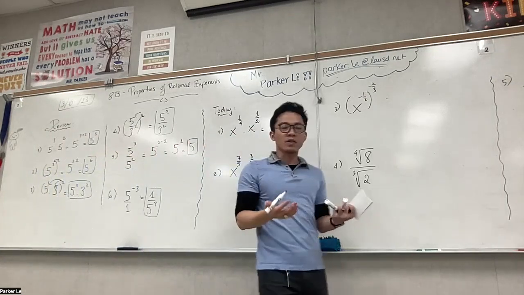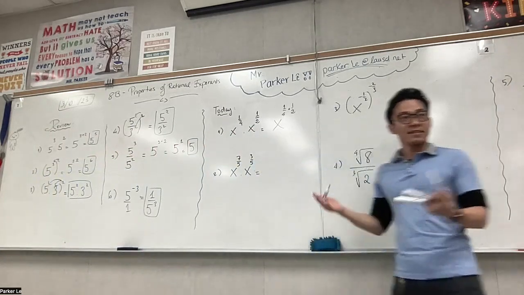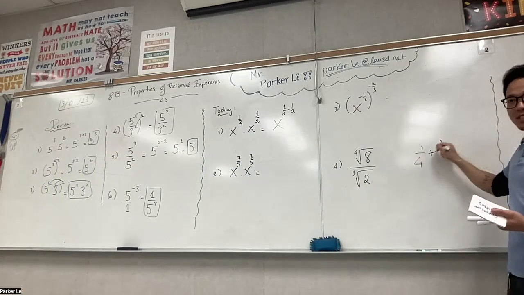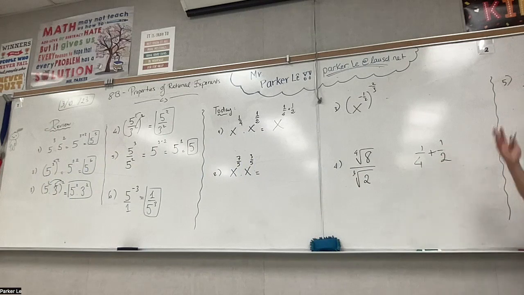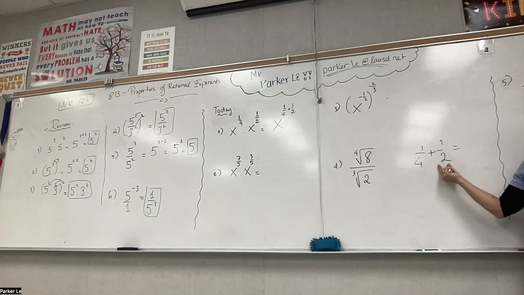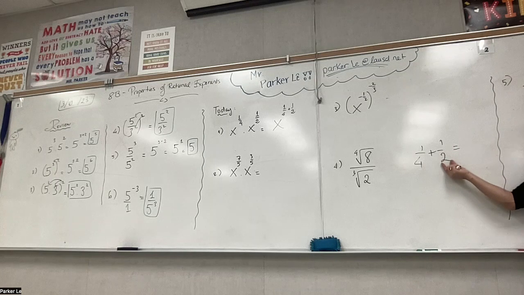In case you don't know how to add fractions, I'm gonna review how to do it with fractions. Not cross, not really cross. You're gonna change them into the same number. Here I can change the 2 to 4. You need to have the same denominator when you're working with fractions.